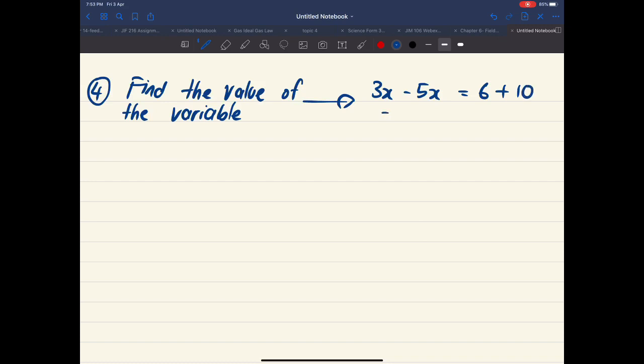So here it becomes negative 2x equals to 16. Now you have to solve. Now you have to find the value of the variable. Okay, and this negative 2, you can bring it to the other side, becomes x equals to 16 over negative 2. Don't forget the sign, it is negative. So now x would be 16 divided by 2 which is 8, and you put the negative sign. So this is your answer.